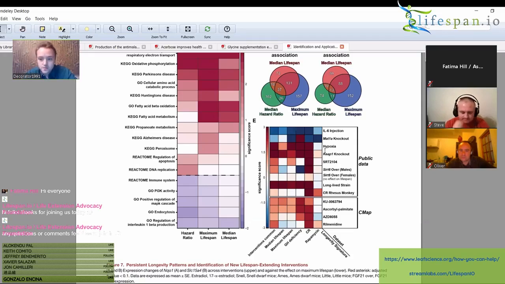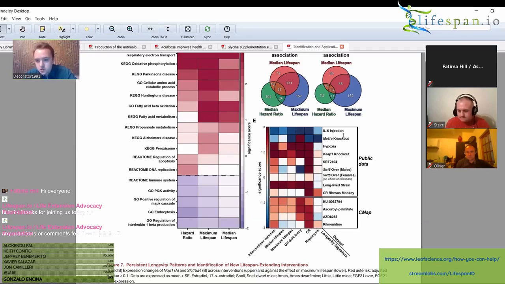So these are not just random interventions. For example, we had interleukin 6 injection, and interleukin is related to inflammation. So we expected a negative association, and that's what we saw. And the signatures were very consistent here.